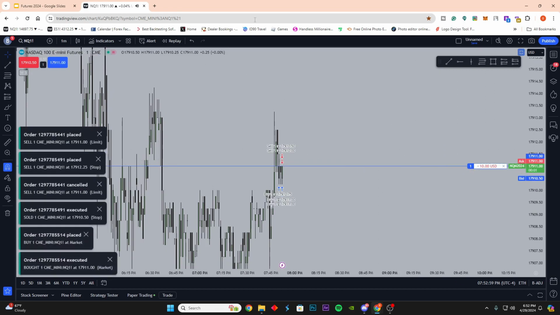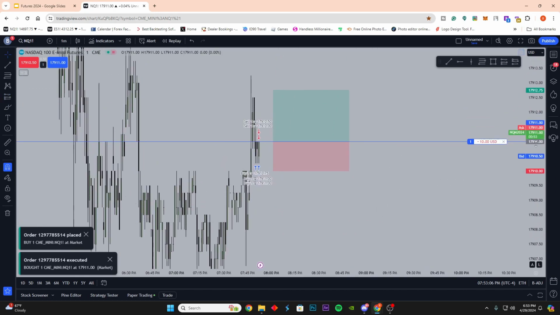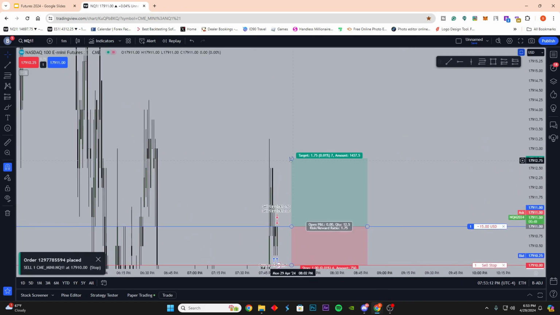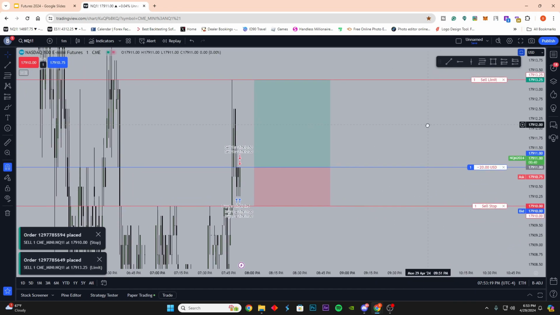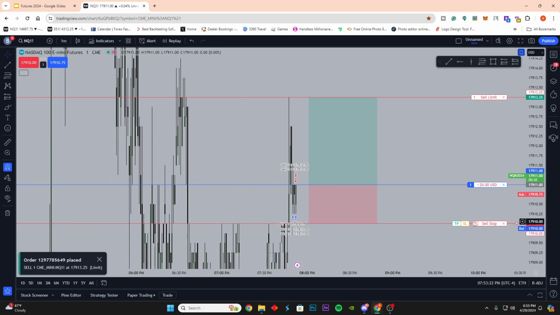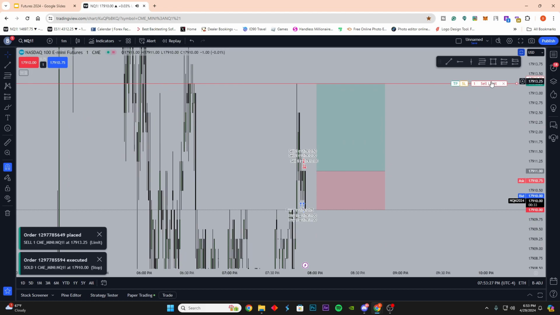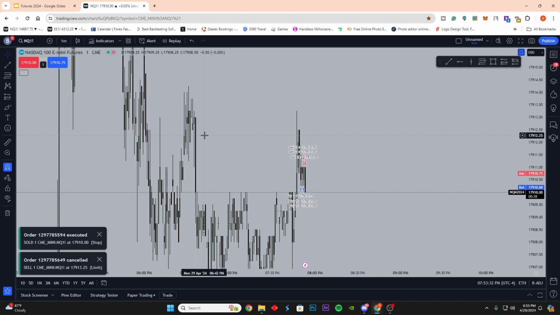So what I will do is set up my risk to reward, and then right click, trade, buy a stop, and then I will set my take profit, and then I will go up here and then sell limit. So once my limit down here gets hit, I will get stopped out. And once my limit up here gets hit, it would have been take profit, but ended up getting stopped out right there.